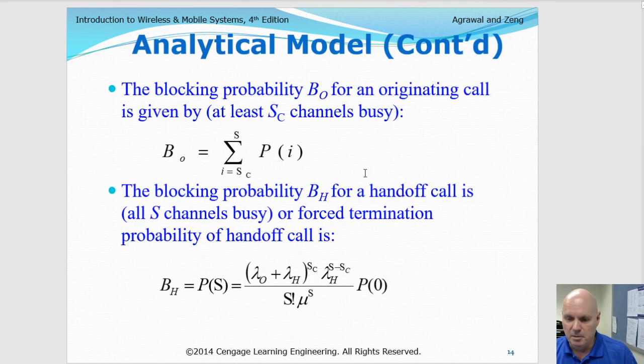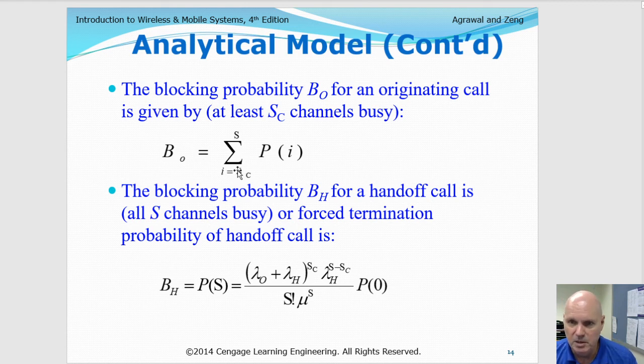And then finally, the blocking probability of an originating call is going to be equal to the probability that SC channels are busy, or SC+1, which means that one channel is being used by a handoff, or SC+2, which would be two channels being used by handoff, but all SC channels, which are only used for originating calls, are busy.